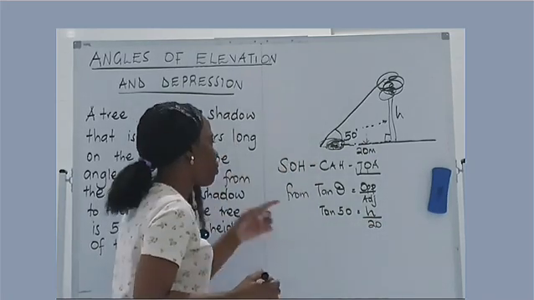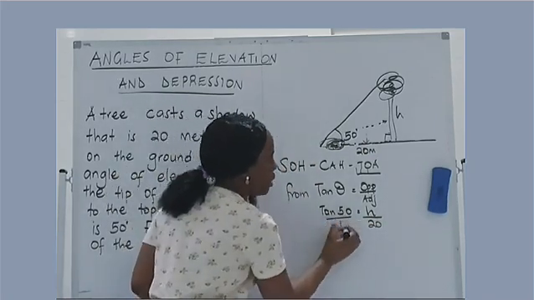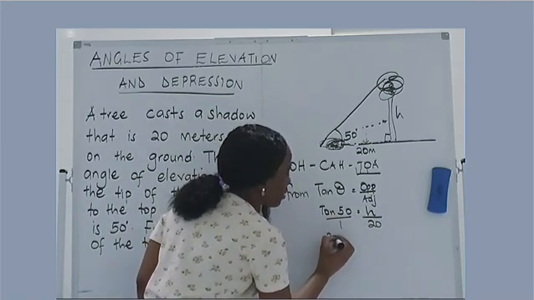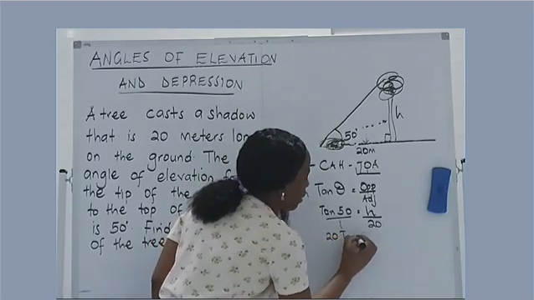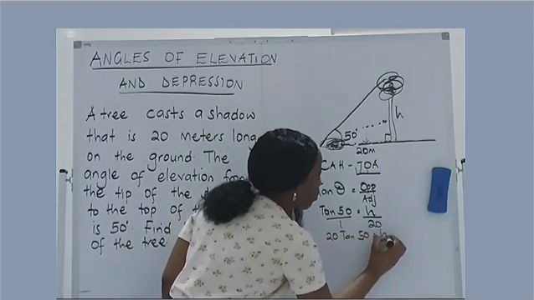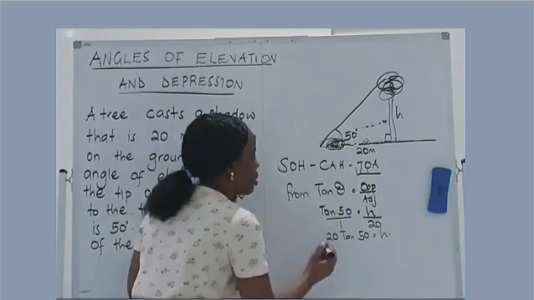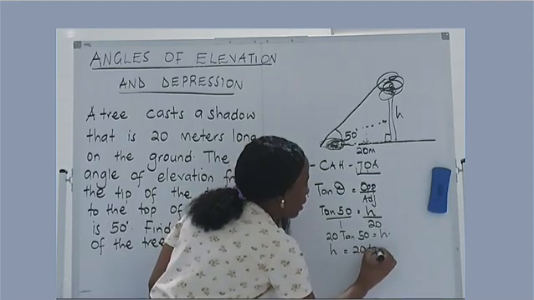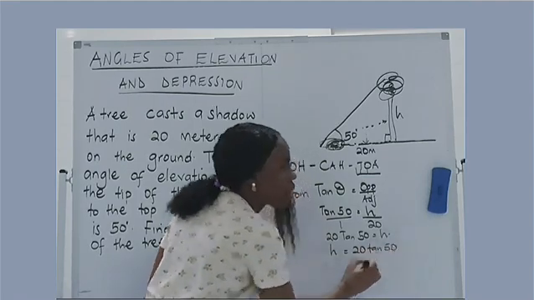Okay, now how do we get h? You're going to cross multiply. 20 times tan 50, that is 20 tan 50, and this is equal to h. Now let us just make changes. I'll have h equal to 20 tan 50, and what do you get?